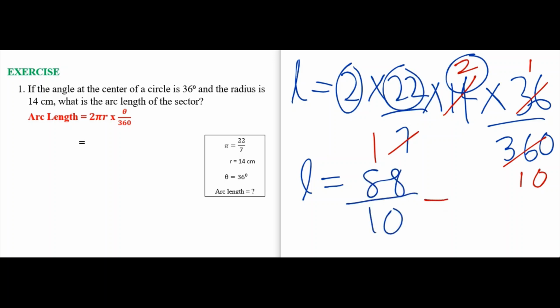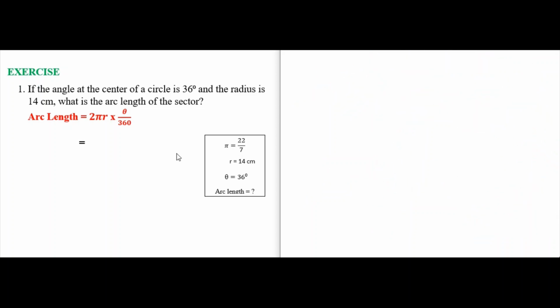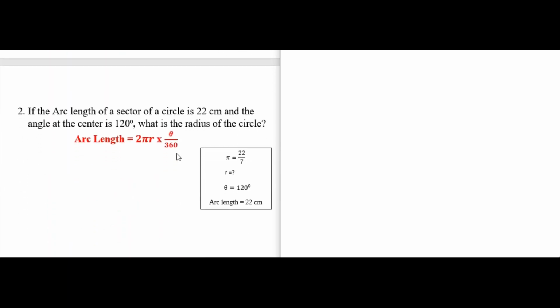So therefore the answer would be 8.8 cm. The arc length of this is 8.8 cm. It's better if you write down the steps of how I simplified, so it will be easy for you. I hope you understood this, and let's check out our second question.